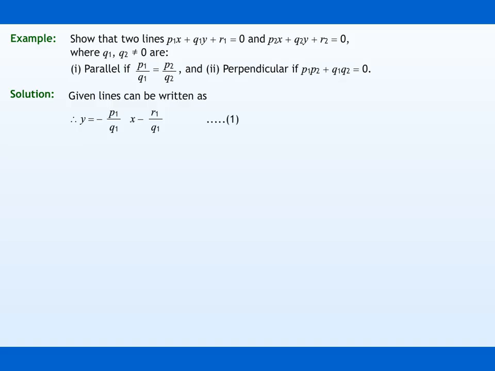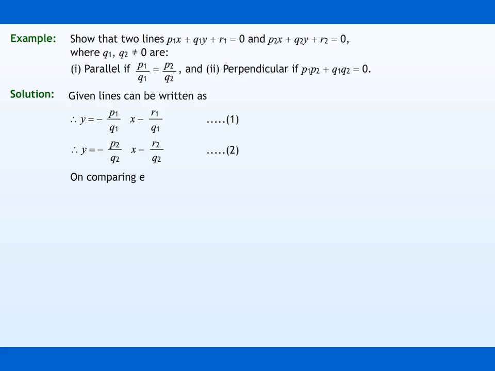Mark this equation as 1. P2x plus Q2y plus R2 is equal to 0. Therefore, Q2y is equal to minus P2x minus R2. Therefore, y is equal to minus P2 upon Q2 x minus R2 upon Q2. Mark this equation as 2.